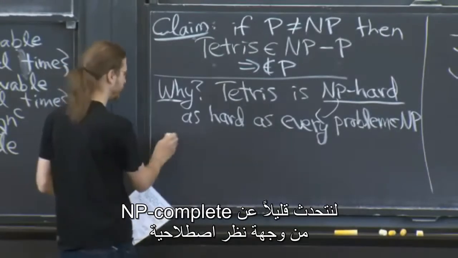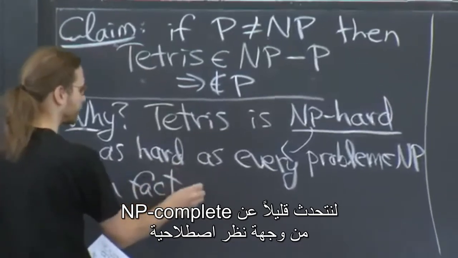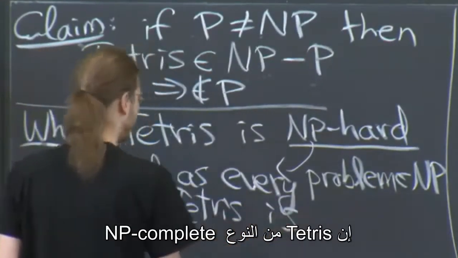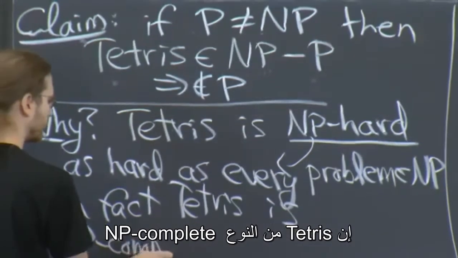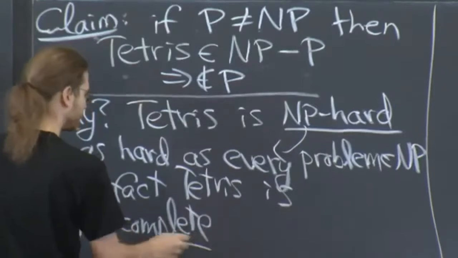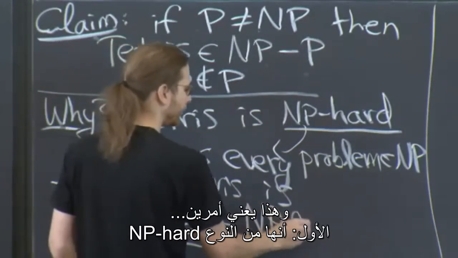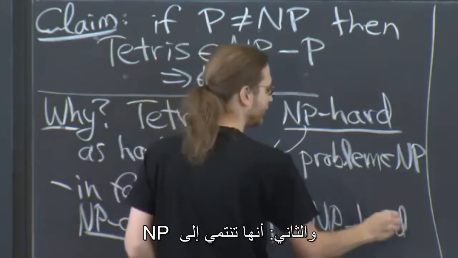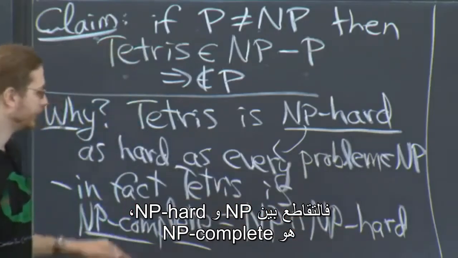Okay, just to get some terminology, what is this NP complete business? Tetris is NP complete. Which means two things. One is that it's NP hard, and the other is that it's in NP. So if you think of the intersection, NP intersect NP hard, that's NP complete.